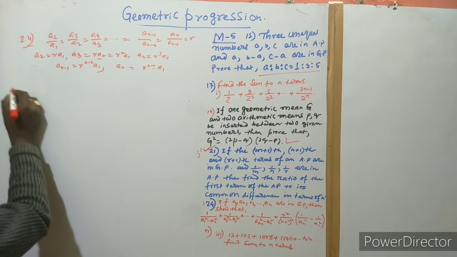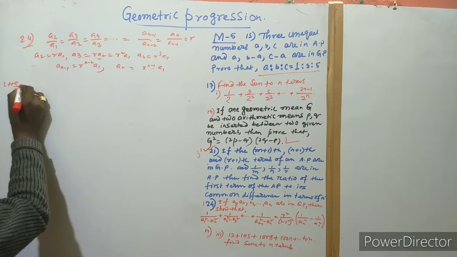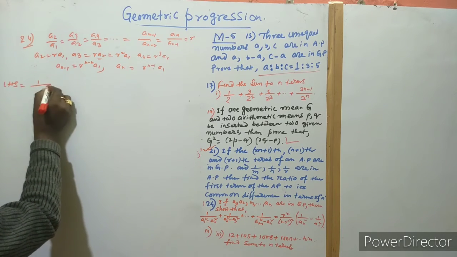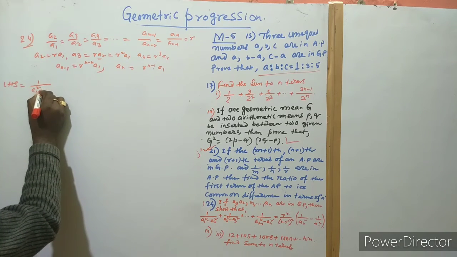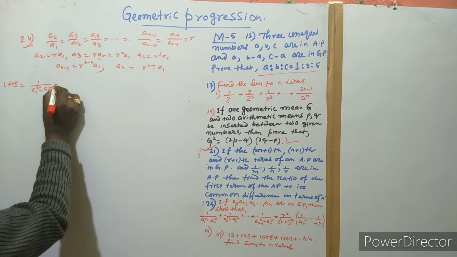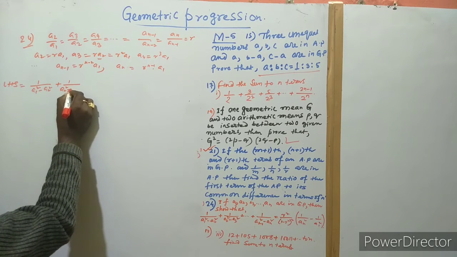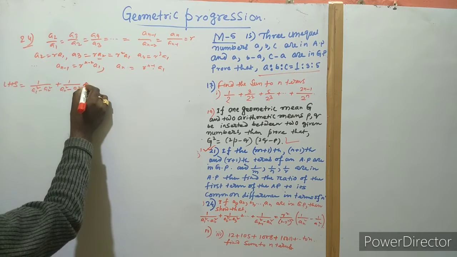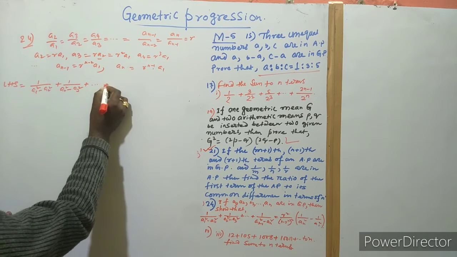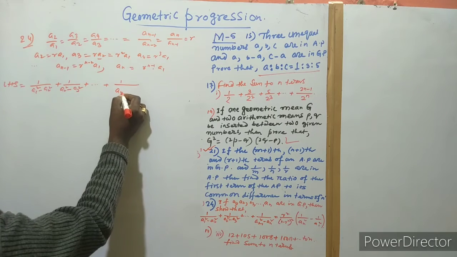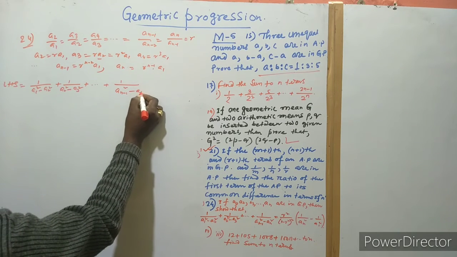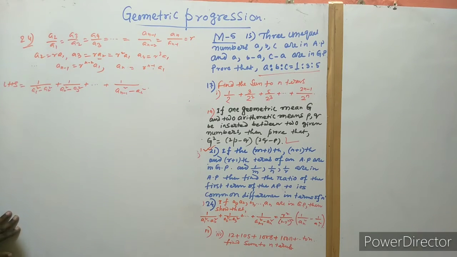So similarly, now we write here the left hand side, A1 square minus A2 square. Okay, now A2 square minus A3 square, dot dot, this is here A suffix n minus 1 square minus An square.